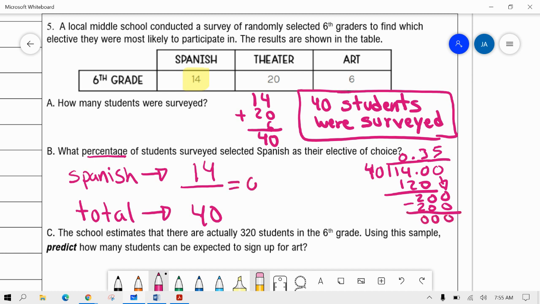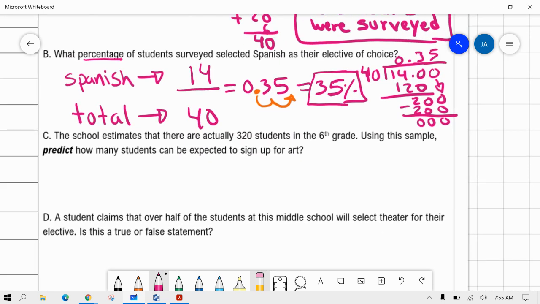So I get a decimal as my answer, but we want to turn it into a percent. We're going to talk a little bit more about this in a different unit. But for right now, know that in order to change a decimal into a percent, we take the decimal point and move it to the right twice. So I have 35%. So 35% of the students in this sample took Spanish as their elective.